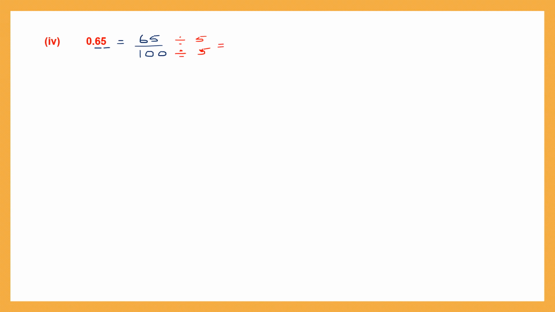So let's divide 65 by 5. 5 ones are 5, minus, 15, 5 threes are 15. So 65 divided by 5 gives us 13. So numerator is 13. Now 5 into what will give us 100? 5 into 20 is 100. So we've got a fraction 13 by 20 which is in the lowest term. Next one, we have 2.405.